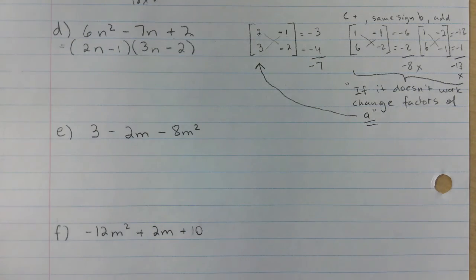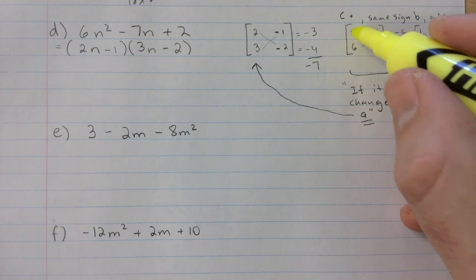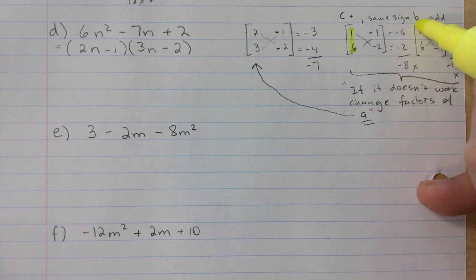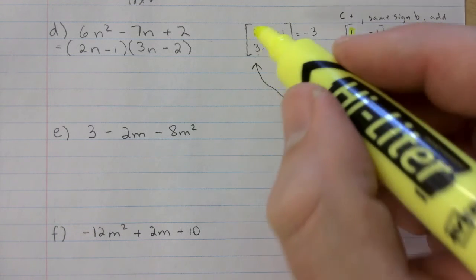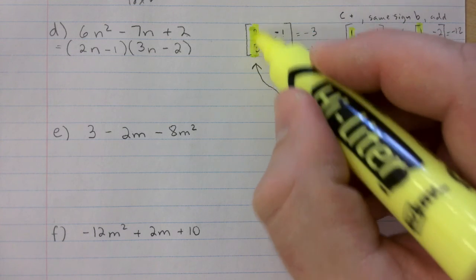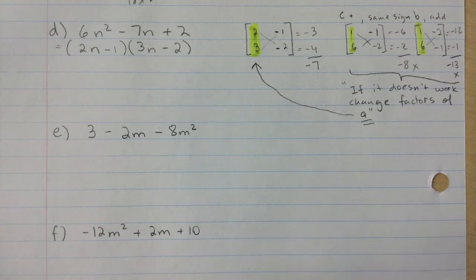And maybe it's a good idea to highlight that you tried 1 and 6, and then we switched over to 2 and 3. And the key to remember is there's only one way to factor. There's not more than one. Okay, there's only one way that it's going to work out for you.